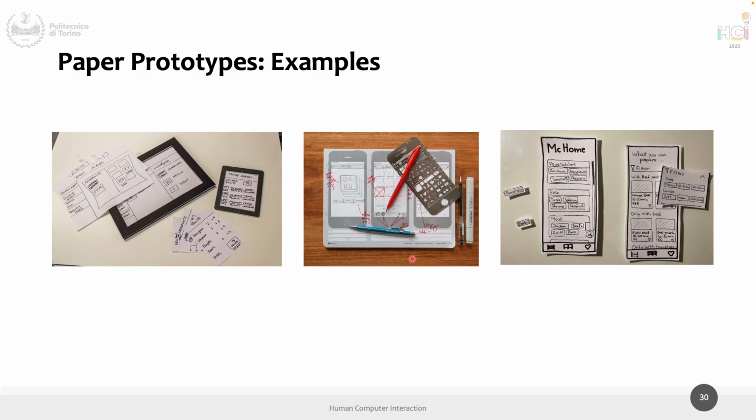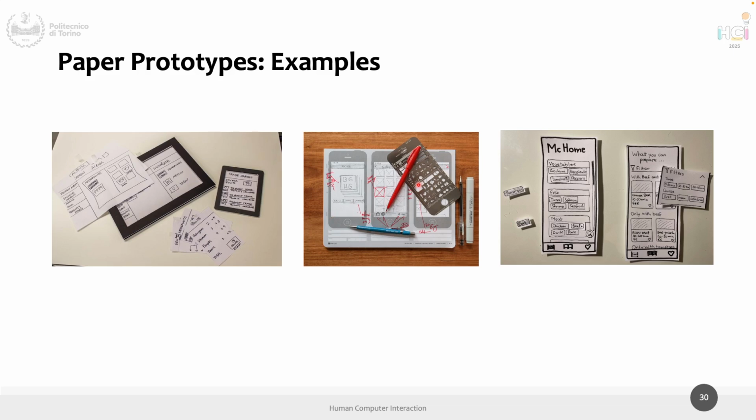Here there are other examples of paper prototypes, some taken from I don't remember where, and some taken from this course. People get creative. Here you have a mobile application, taken from this course, where they draw the pages and also have small pieces of paper to replace or add on the screen if something happens.